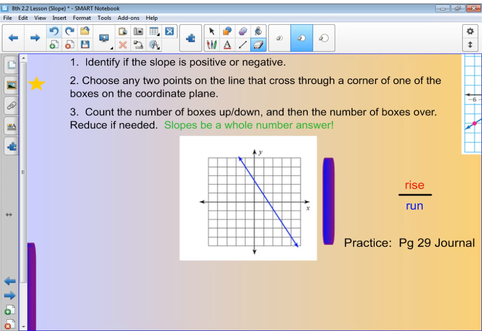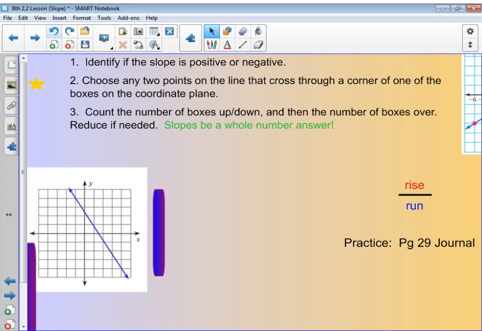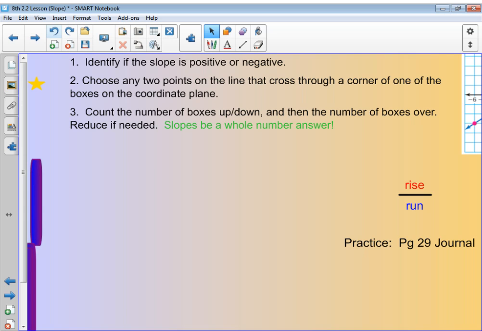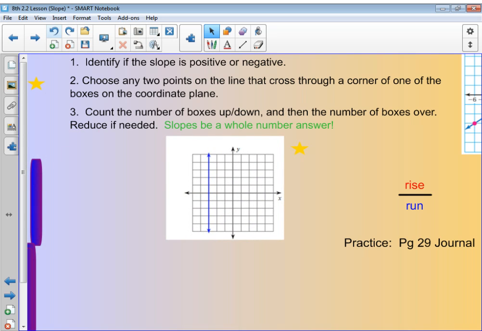Okay, there's a couple special lines that sometimes show up where they may ask you the type of line. And this would be one example where you've got a line that's going perfectly vertical. There is no slope to that. There's a rise, but there is no run. So when you come across something like this, that is known as an undefined slope, okay?